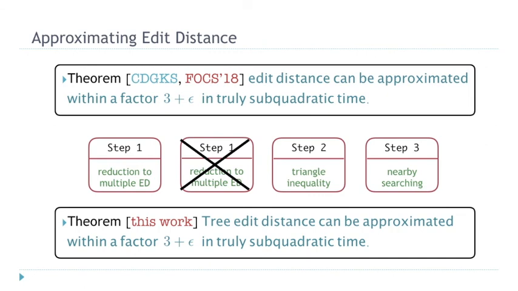Okay, so with these ideas, we can get a 3 plus epsilon approximation for tree edit distance. The runtime is truly subquadratic. It's around n to the 1.99. It's pretty close to quadratic, but smaller than that. And the way we obtained this was pretty much we altered step 1 to get a new algorithm.